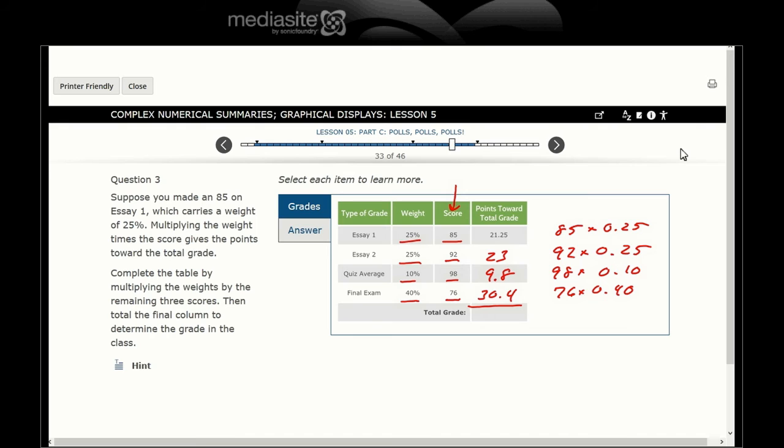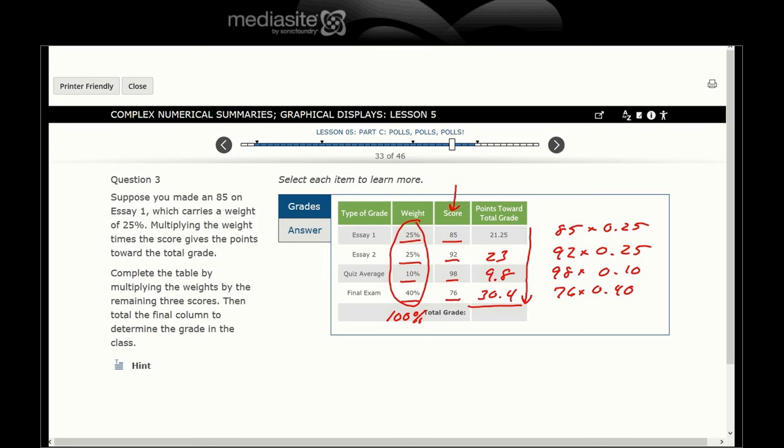Now, these weights all add up to 100%. And all these points add up to, well, you tell me. Put me on pause and add up these 4 numbers. All right.